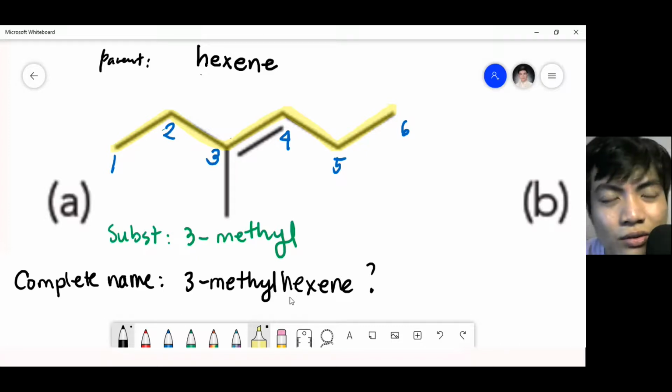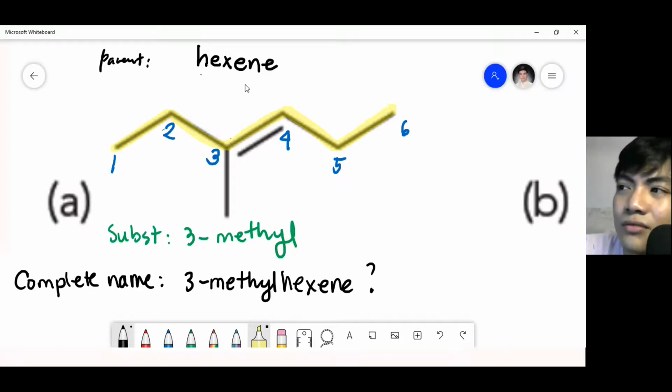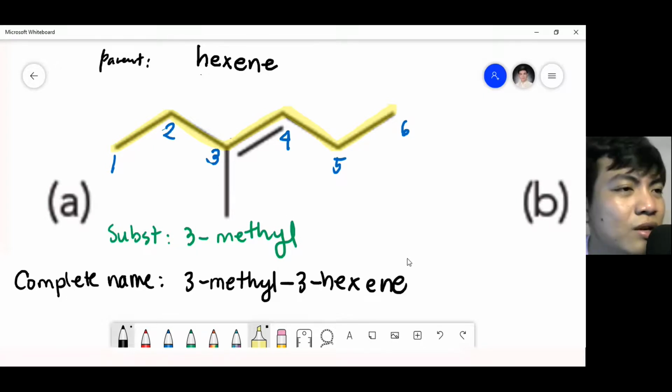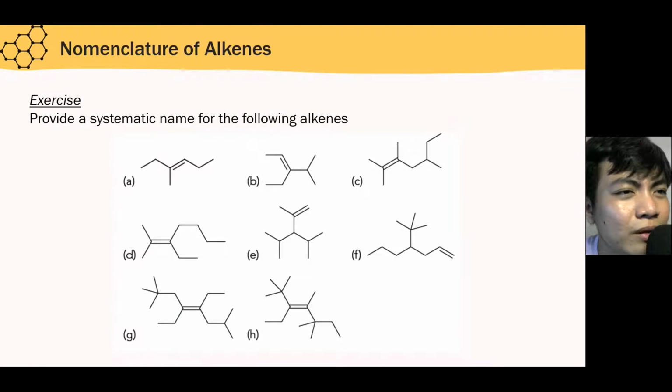Saan nag-start yung double bond sa hexene? So where did it begin? In carbon number 3. So you have to include that. You have to place the locant of your double bond before the parent name. Okay. So the name of the molecule is 3-methyl 3-hexene.